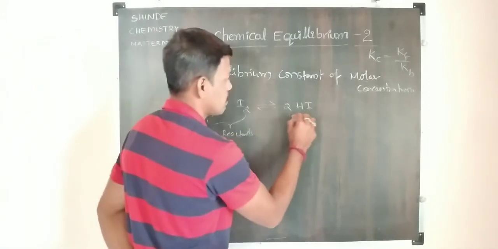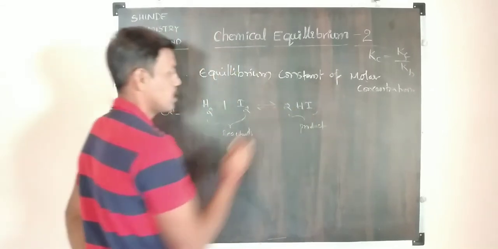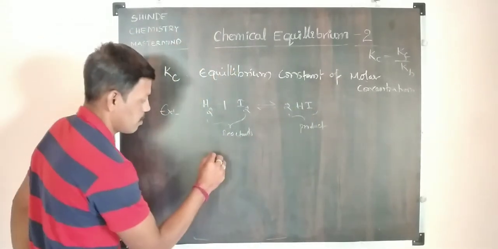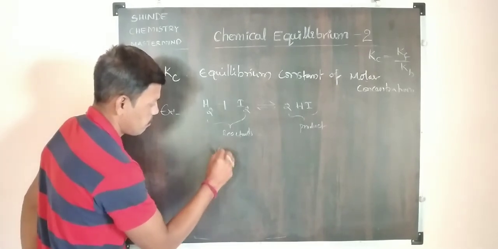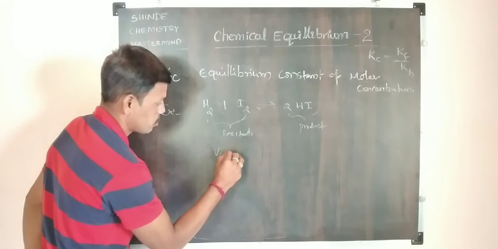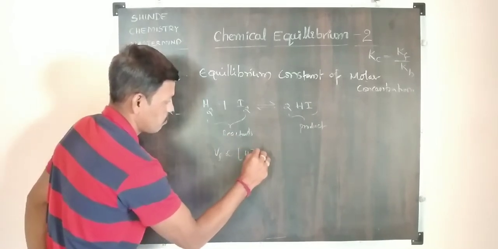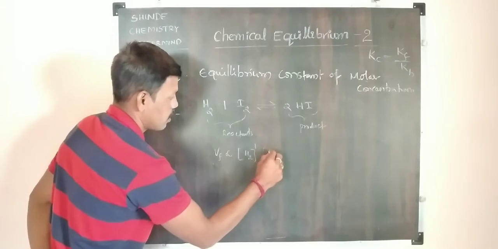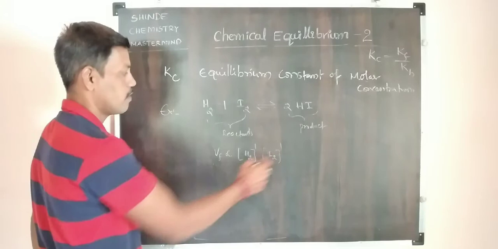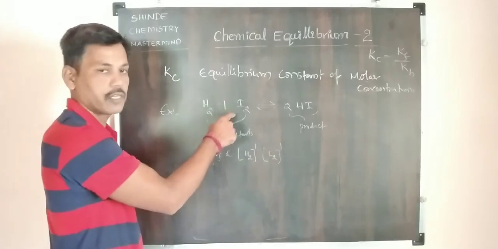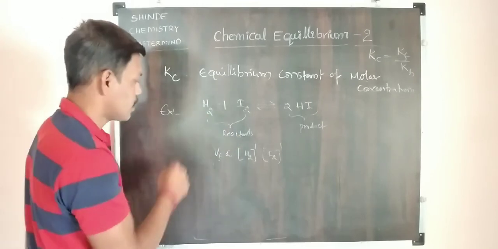What is the product? Hydrogen iodide is the product. Now if you write the reaction here, Vf is proportional to the concentration of H2, 1, and the concentration of I2, 1. So the molar masses are 1 and 1. Why? Because 1 mole of hydrogen and 1 mole of iodine participate in this reaction.